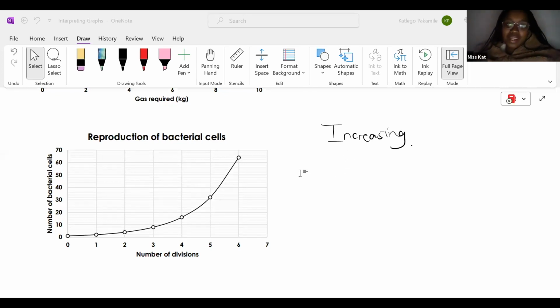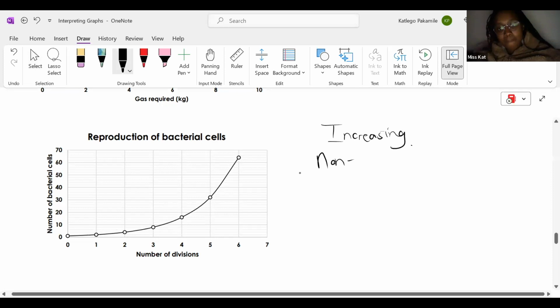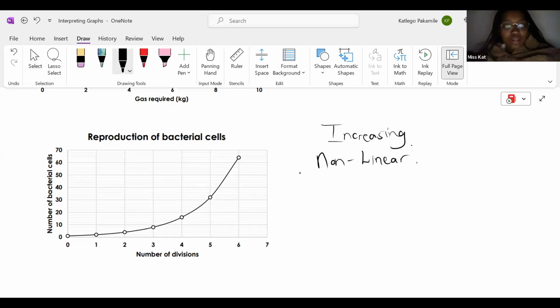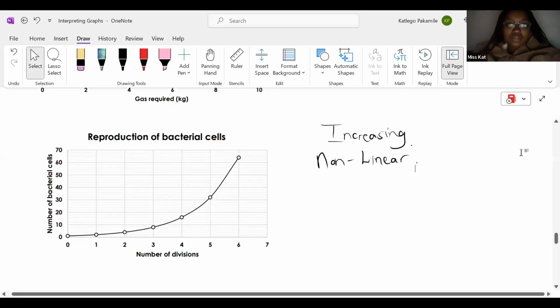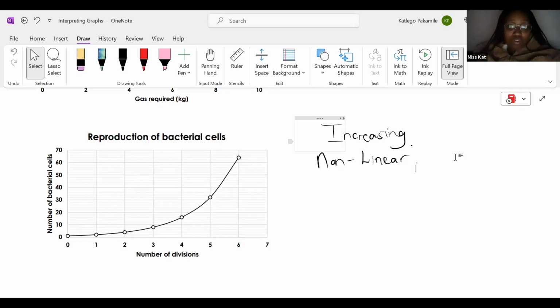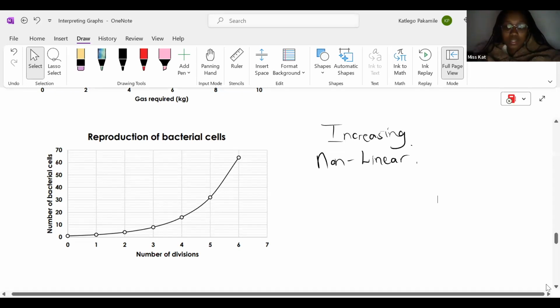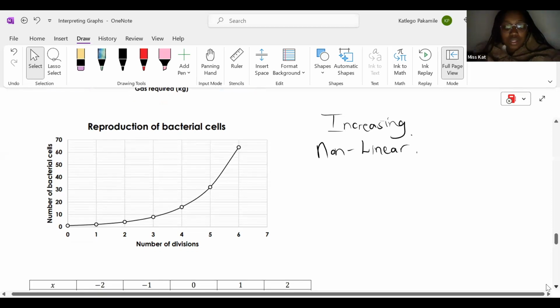So a graph can be increasing and non-linear, or increasing and linear, right? So the shape of the graph tells you whether it is linear or non-linear, but the direction tells you whether it is increasing or decreasing or constant.